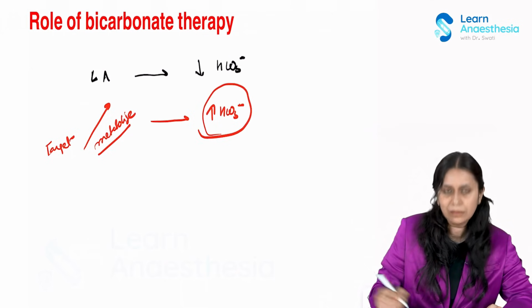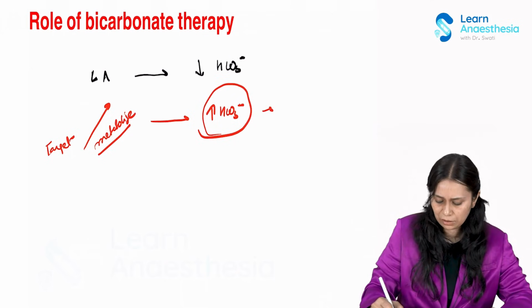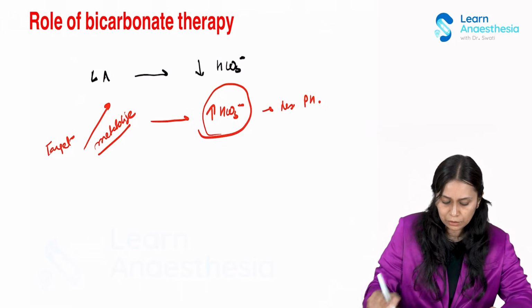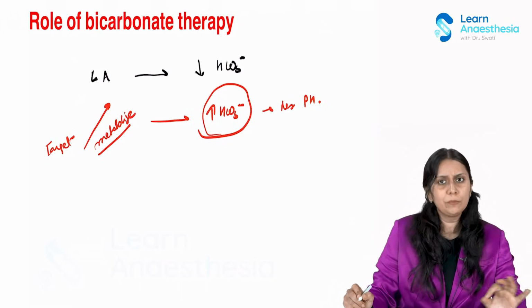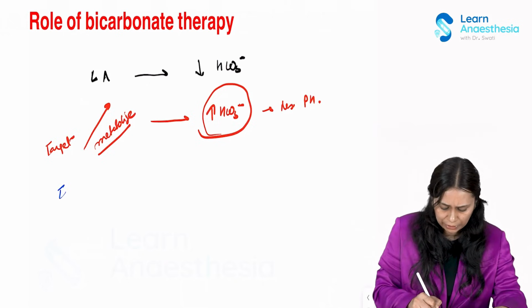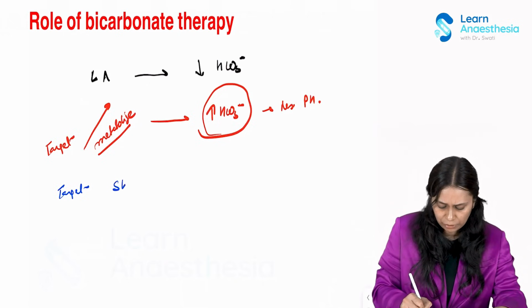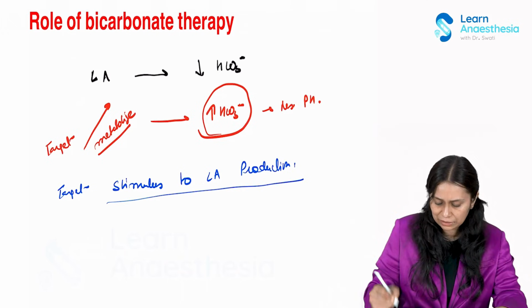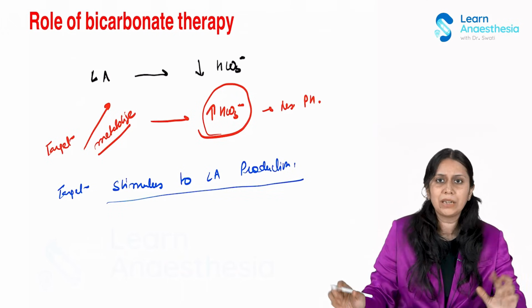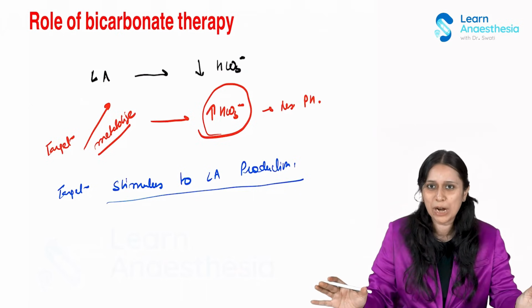And this will restore the pH. So, the stimulus which is causing the lactic acid accumulation should be removed. So, we should target the stimulus to lactic acid production, and this should be eliminated, and this will itself correct the acidosis. So, this should be the primary therapy.